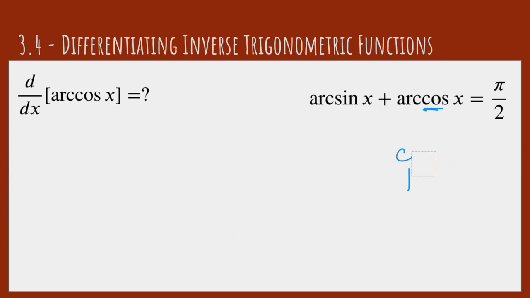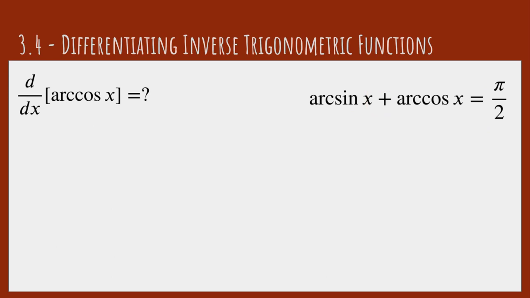And so long story short, when we take the arc sine and the arc cosine, we get pi over 2, which is the radian version of 90 degrees. So this is just an expression saying that arc sine and arc cosine are complementary angles added together.